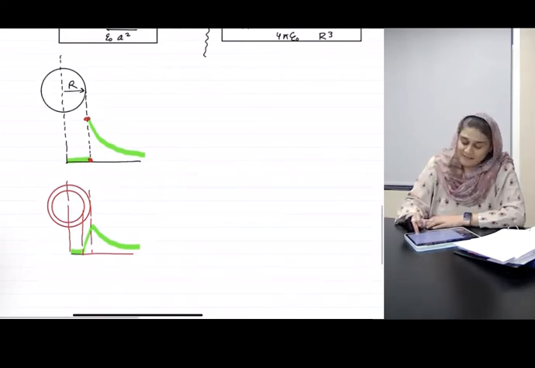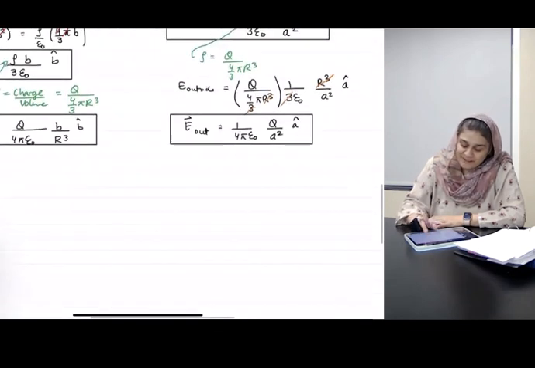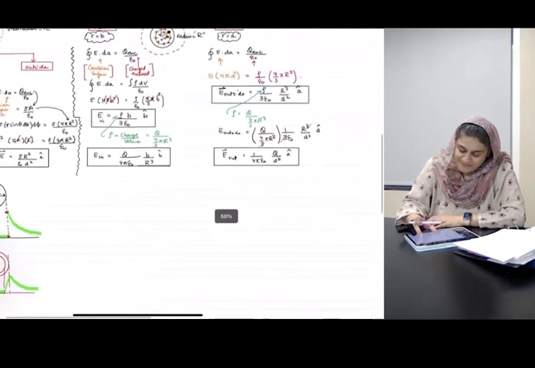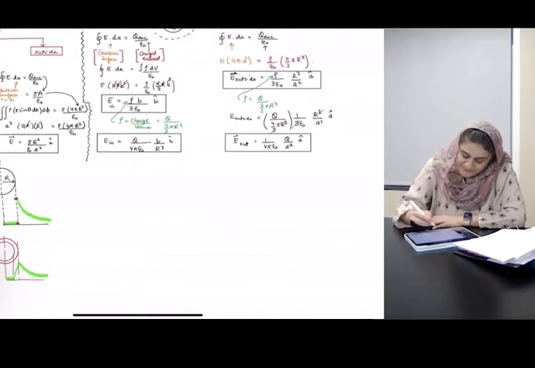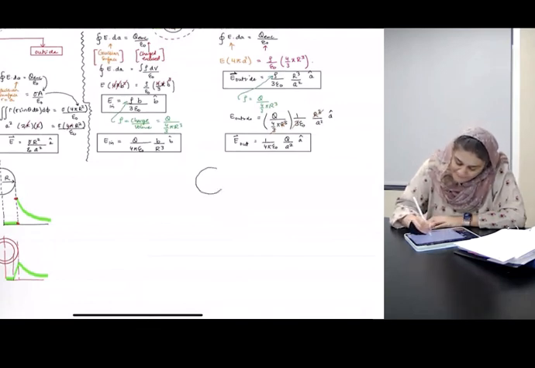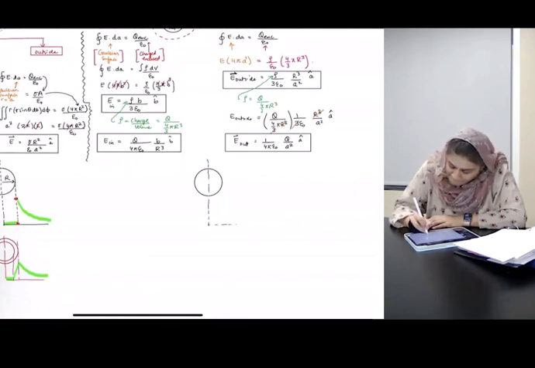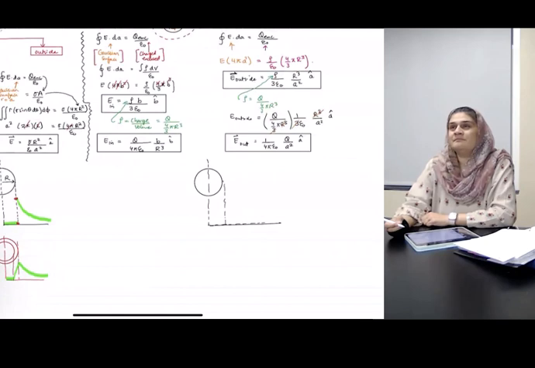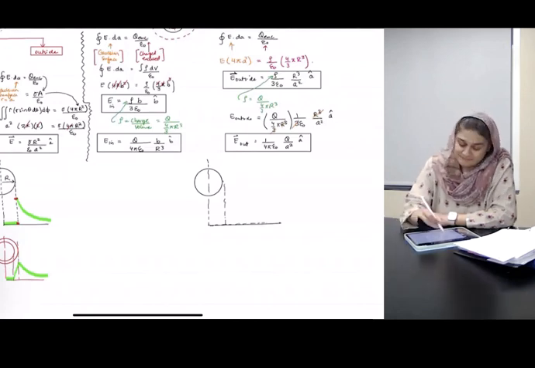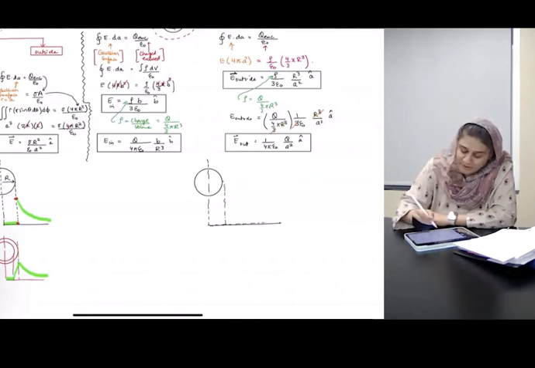On the other hand, for a filled shell, when we were doing this case here, what's the field look like? Is it 0 on the inside? Nope. What it is actually is pretty constant. It's proportional to R, right?